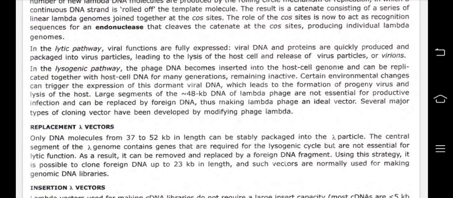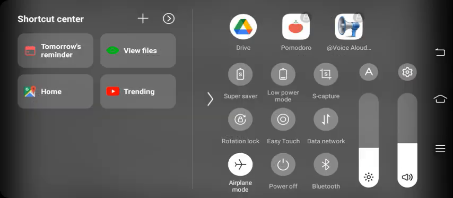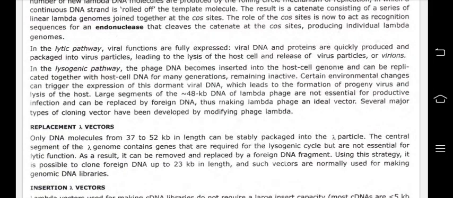Large segments of DNA of lambda phage are not essential for productive infection and can be replaced by foreign DNA, thus making lambda phage an ideal vector. Several major types of cloning vector have been developed by modifying phage lambda. Then, replacement lambda vectors. Only DNA molecules from 37 to 52 kilobase pairs in length can be stably packaged into lambda particles.